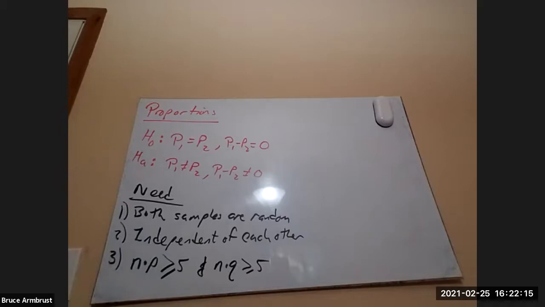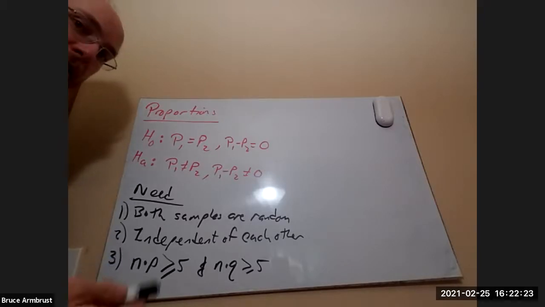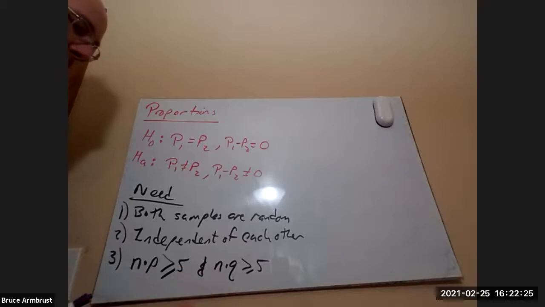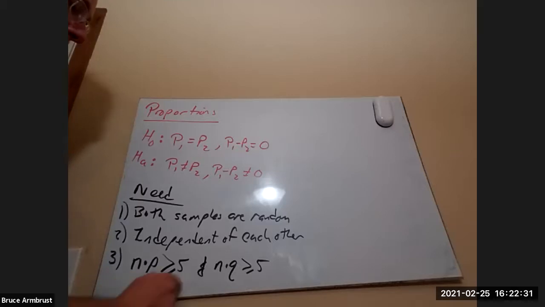Do you remember what p is? p is our probability of success, and then q is 1 minus that. Basically, we need a large enough sample size that these numbers are greater than or equal to 5.